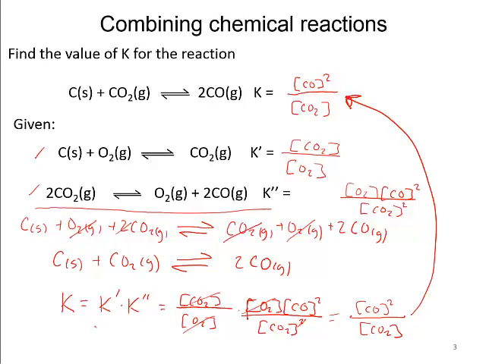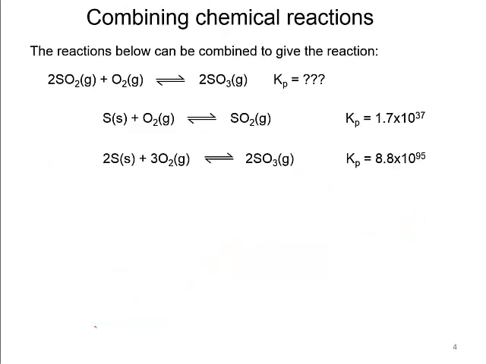Now, let's practice that with a specific problem of known K values. Here's an important atmospheric reaction of SO2 being oxidized to SO3, and we don't know what that equilibrium constant is, but the equilibrium constant for two similar reactions is in fact known.